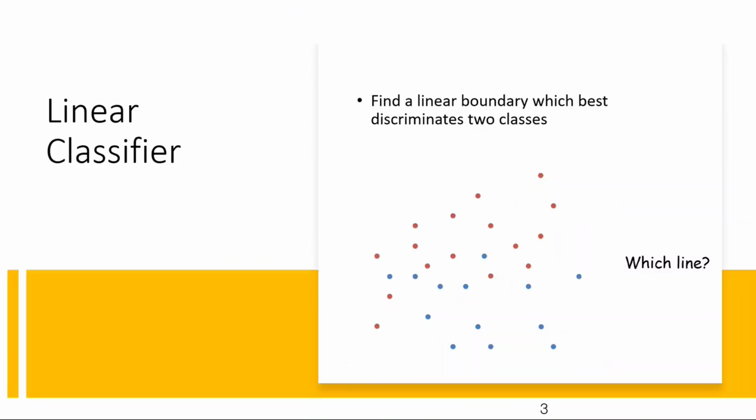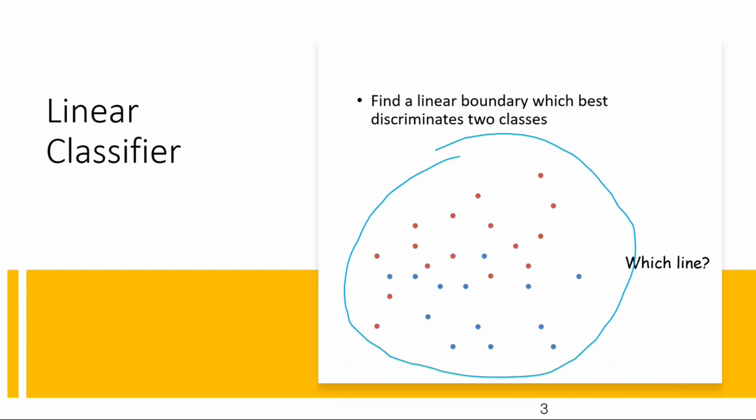So, for example, this is your linear data, your data which is distributed in some points. You plot that with a scatter plot and you find that the data is of this shape, and there are two different classes. So you need to find a classifier.